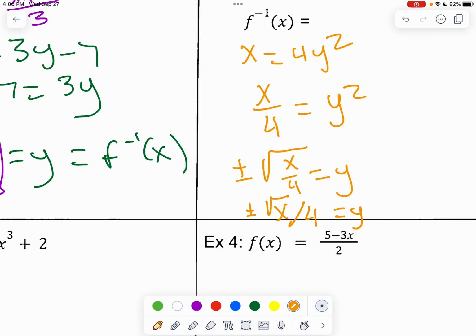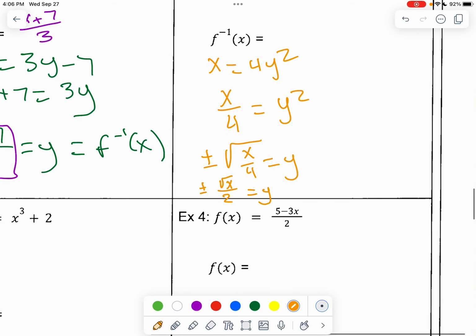So this one here, I'll clean it up. For this function, obviously we've kind of seen these already, but first off, is it an inverse when we finish solving this? Or not an inverse? Is this a function?